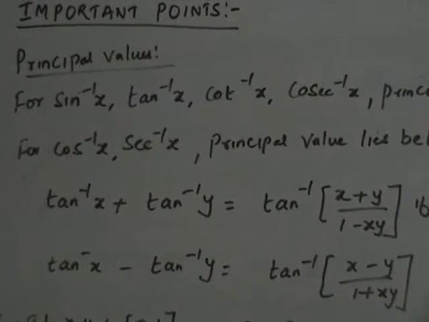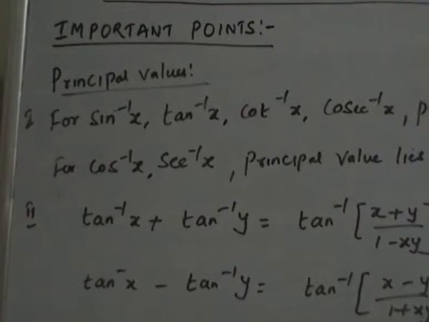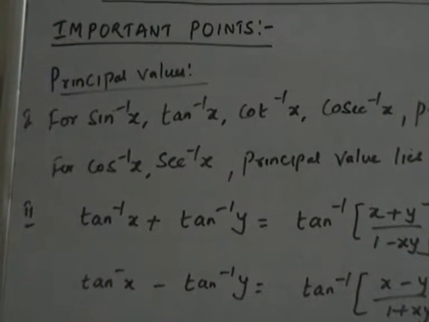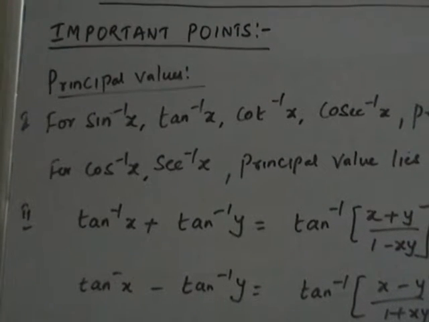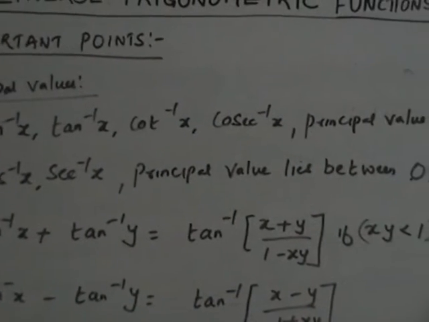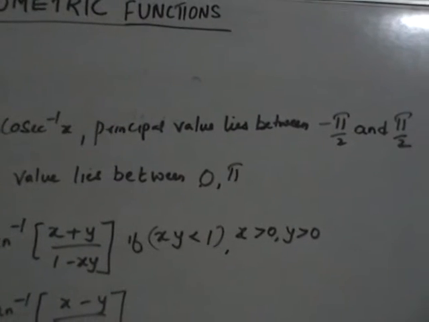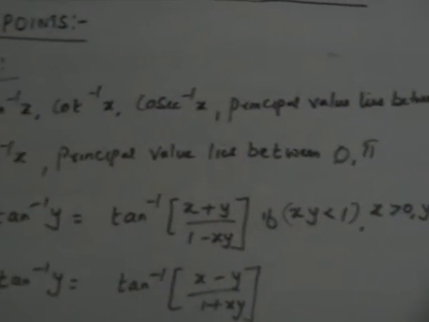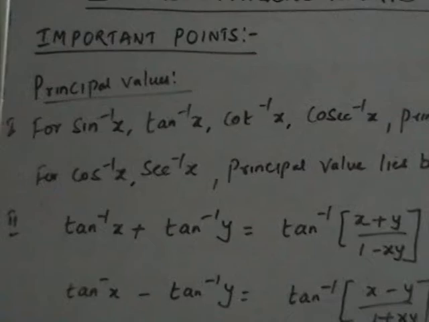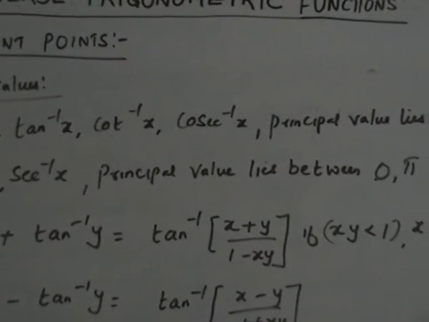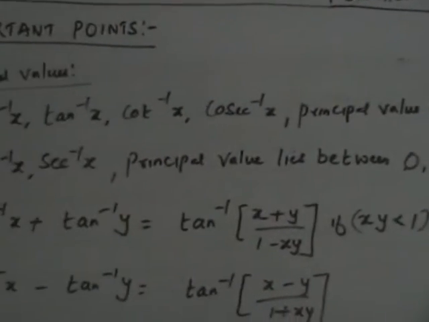Now let us see some more important points. Principal value for sin inverse x, tan inverse x, cot inverse x, cosecant inverse x: the principal value lies between minus pi by 2 and pi by 2. Similarly, for cos inverse x and secant inverse x, the principal value lies between 0 and pi.